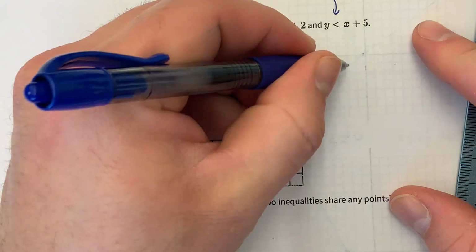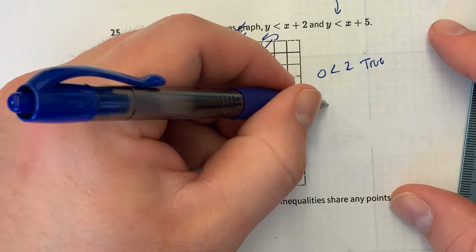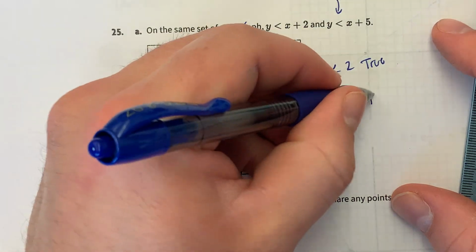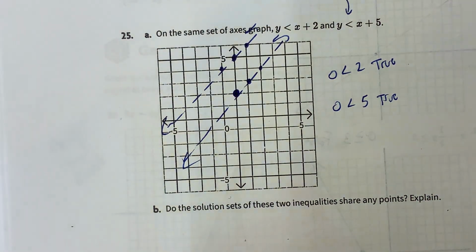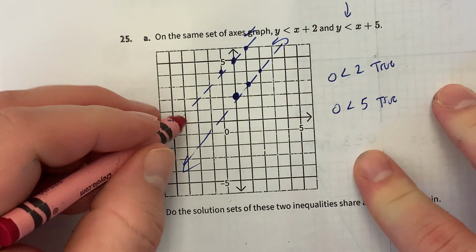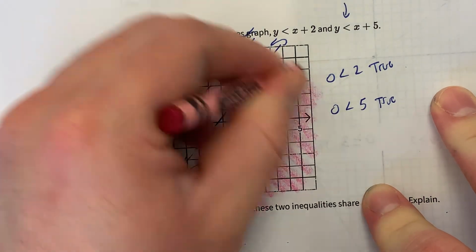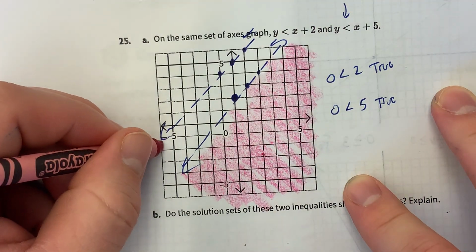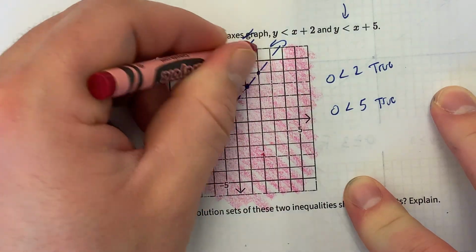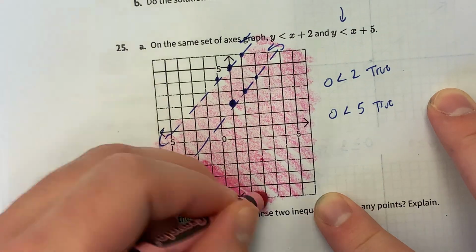Less than 2 is true. And less than 5 is also true. They're both true. So they both shade towards the origin. But it'll be double shaded right there.